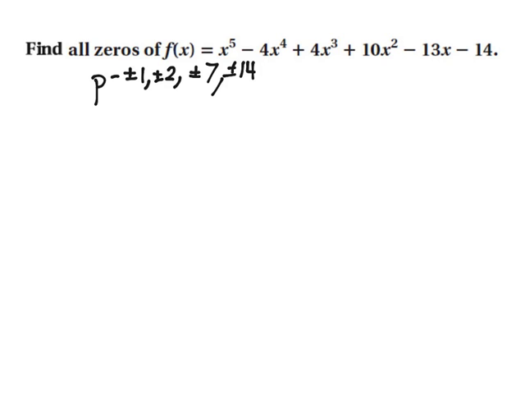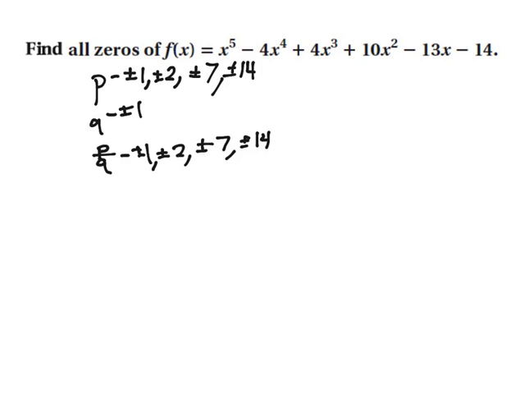And then my Q is plus or minus 1. So P over Q is plus or minus 1, plus or minus 2, plus or minus 7, plus or minus 14. These are all my possibles then.